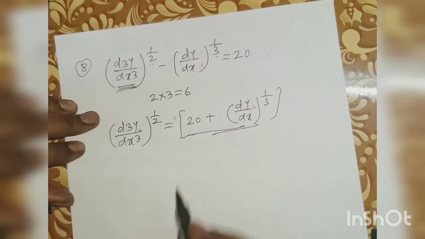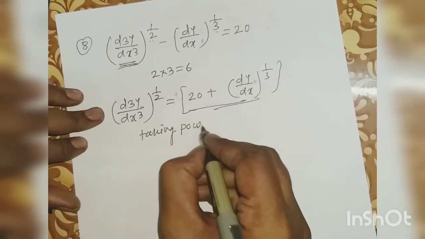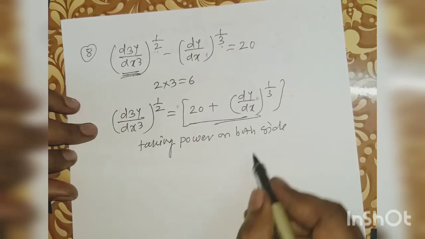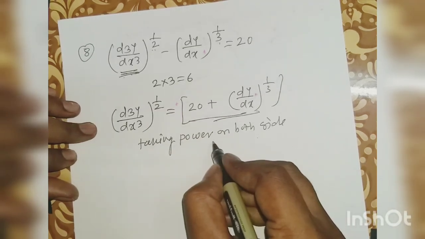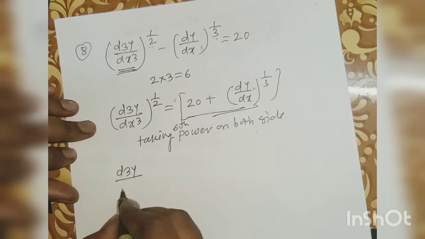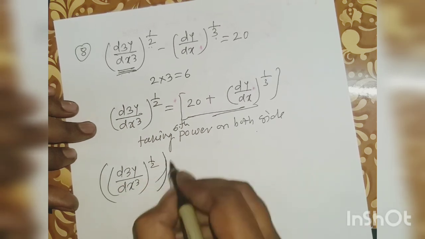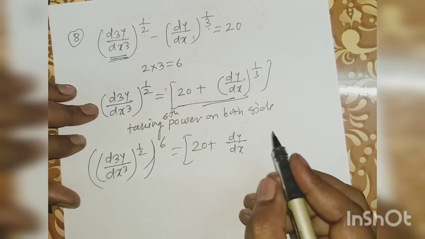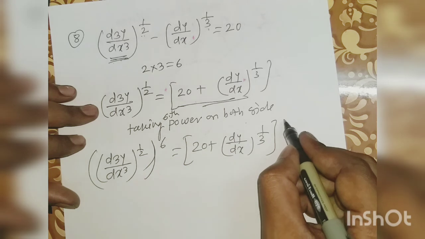Here the power is 1 by 3, only this term is on the left hand side, and then taking power 6 on both sides, then (d3y by dx cube) bracket raised to 1 by 2 raised to 6 is equal to (20 plus dy by dx) bracket raised to 1 by 3 raised to 6.